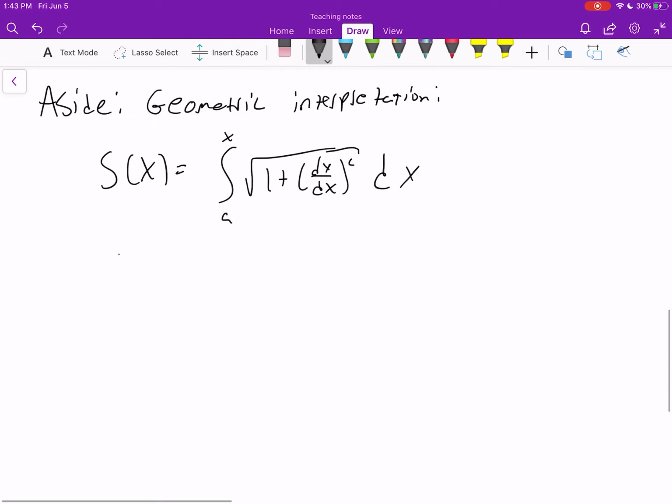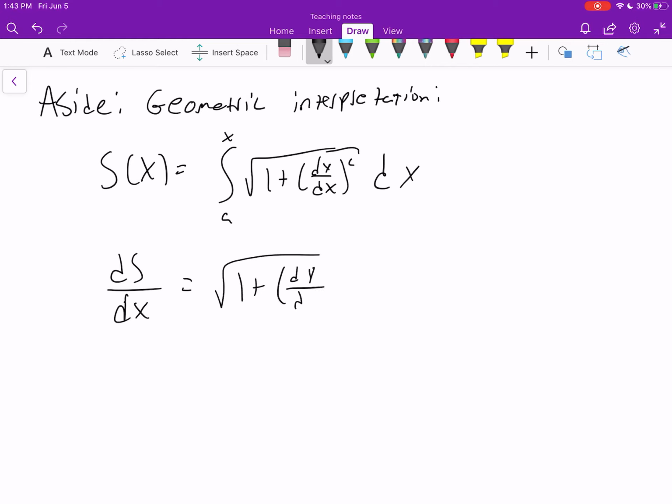If I take the derivative of that with respect to x, using the fundamental theorem of calculus, I'm just going to get whatever's in the integrand, the square root of 1 plus (dy/dx) squared.